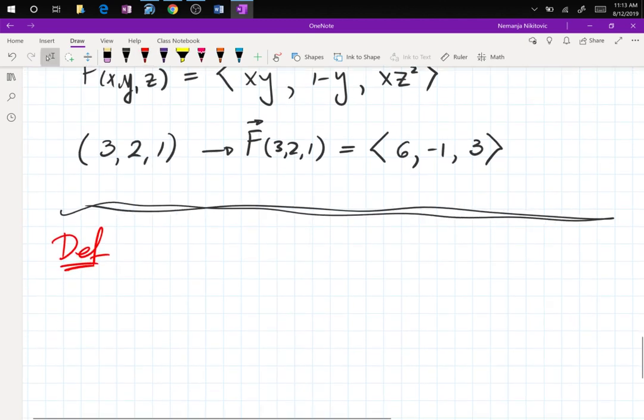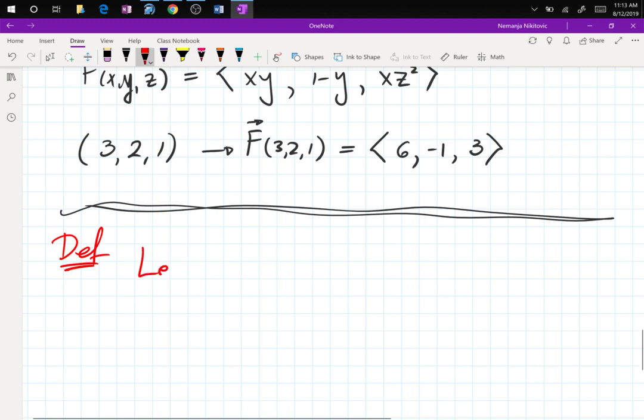The last thing for this section, before we take a look at some pretty pictures, is going to be the definition which allows us to get these vector fields. And this is gradient fields and potential function.